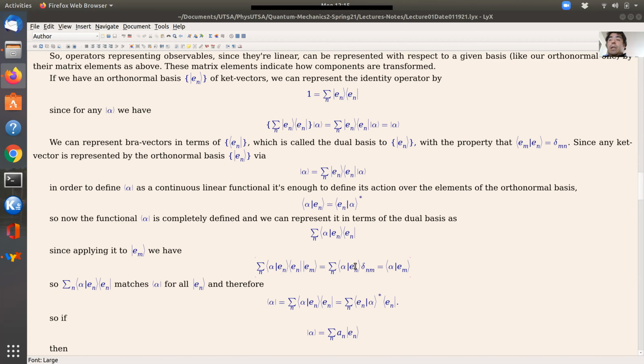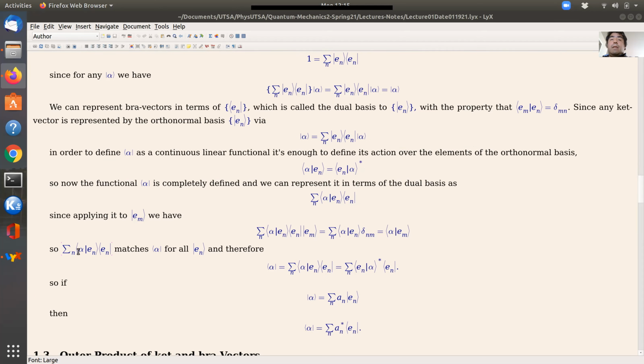And this will collapse in this element with n equal to m. So you'll have this. And so basically, this vector matches alpha for all en. So from this you compute this, then you have this equality, and therefore the bra expression of alpha is equal to this.